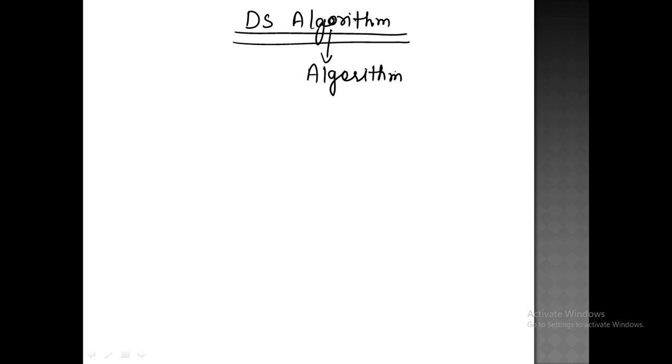Algorithm is a set of rules, a set of processes to perform any type of calculations or to solve any type of problems by a computer. That is known as algorithm.